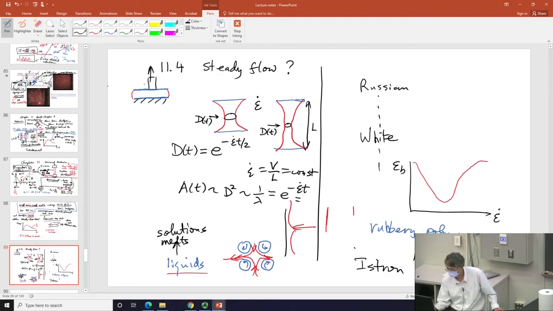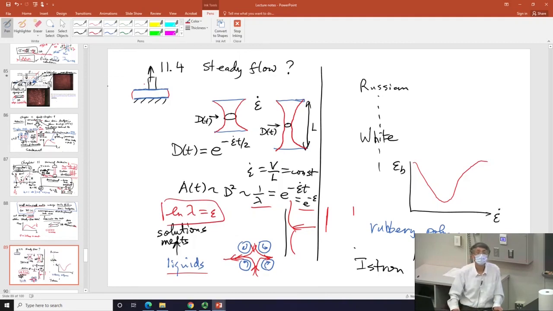I'm just repeating to you that the relationship between lambda and epsilon is this. Right? So nothing fancy. Basically, you can put your sample in between parallel plates and stretch like this. Okay?